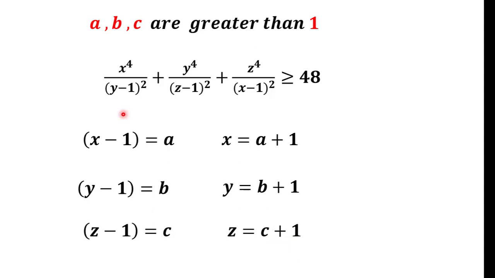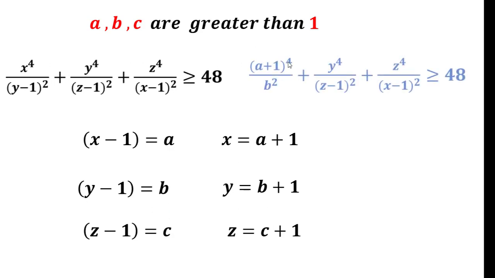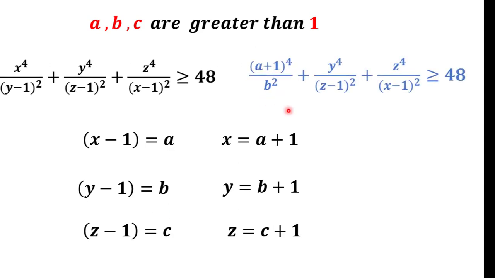In the next step we put the new variables in our inequality. The first fraction, by replacing x by a plus 1 and y minus 1 by b, becomes (a plus 1) to the power 4 over b squared.